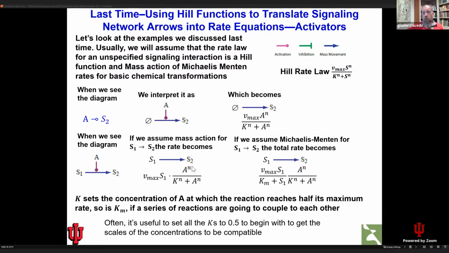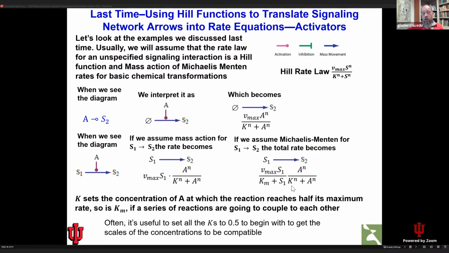If we have S1 going to S2 at a rate that's regulated by A, then we have to have some basic rule for how S1 would go to S2 without A being present. Here it could be V max times S1, that's just mass action, or it could be V max times S1 over Km plus S1, which is Michaelis-Menten, and in either case we multiply by that Hill function.